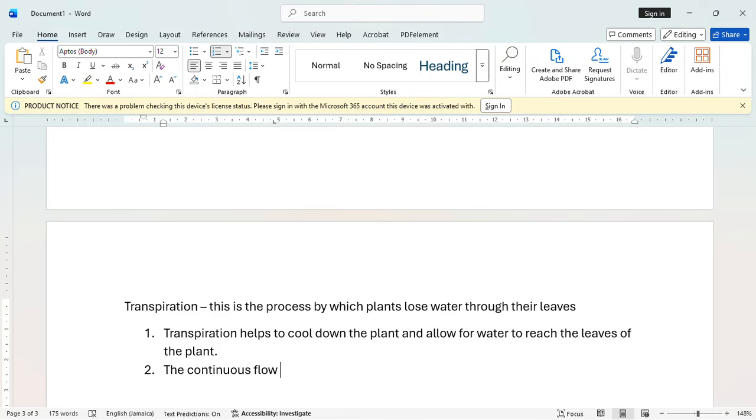But a continuous flow is also bad for the plant. So what's the evil part of it? It can cause the plant to start to wilt.